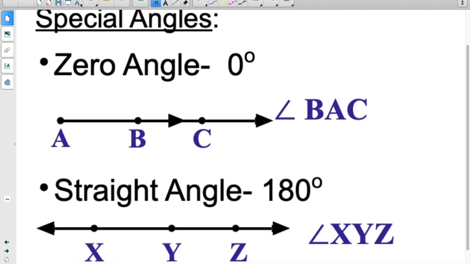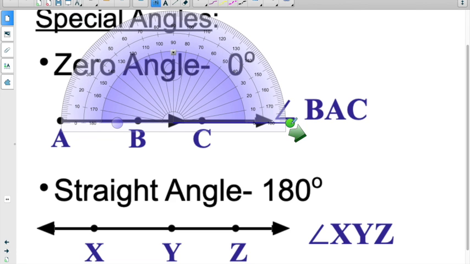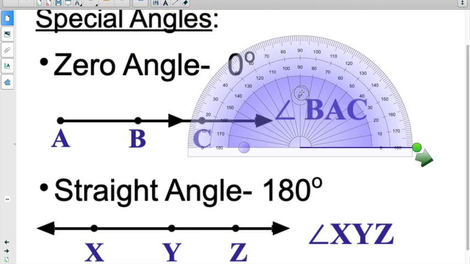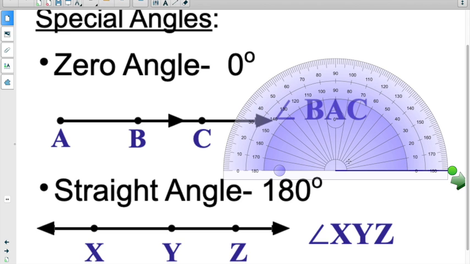And to take a look at that, just this real quick example of what I mean by that, this would be a 0 degree angle. Here you have both of them going this way. And then if you opened it up, now you would see that this would be a straight angle.